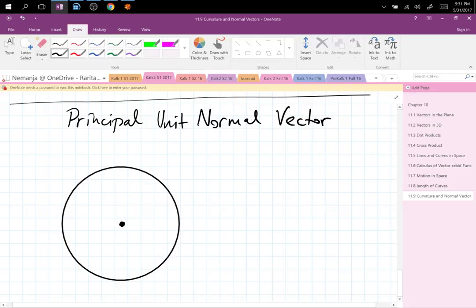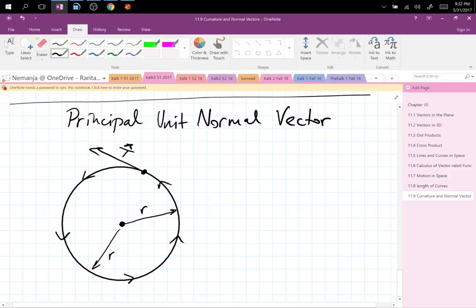The radius is equal in all directions, and what we are going to do now is see that there is a unit tangent vector pointing in the direction of motion along the parametrized curve.